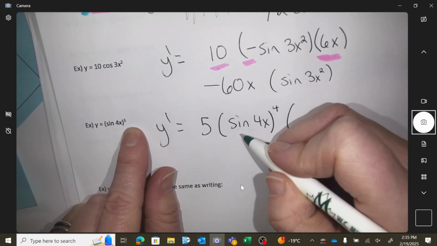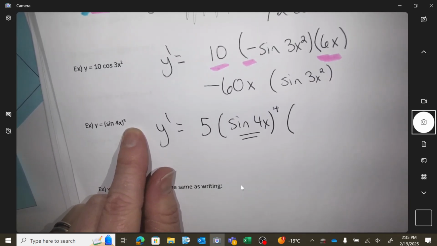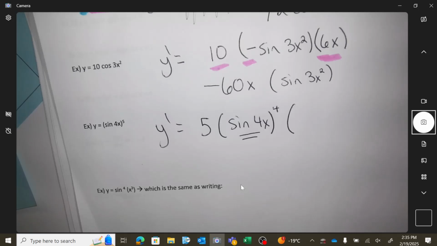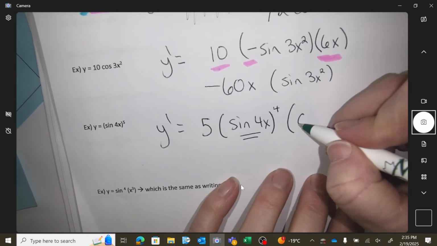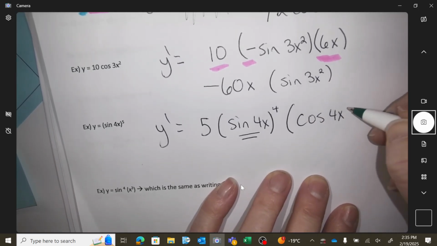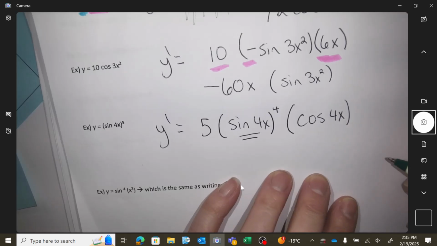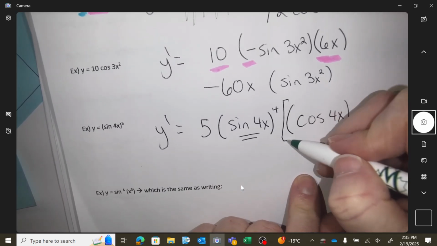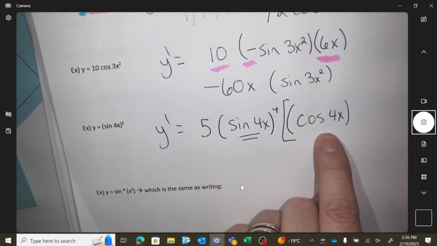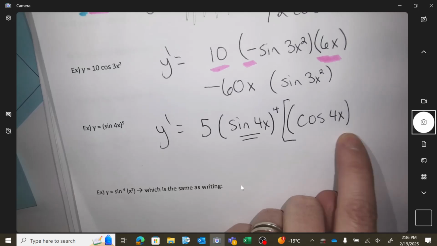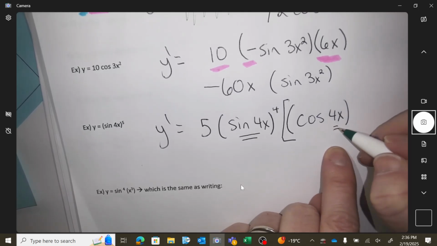Now I have to attach the derivative of that. What's the derivative of doing something with sine? Cosine it. But then I have to attach the derivative of that.